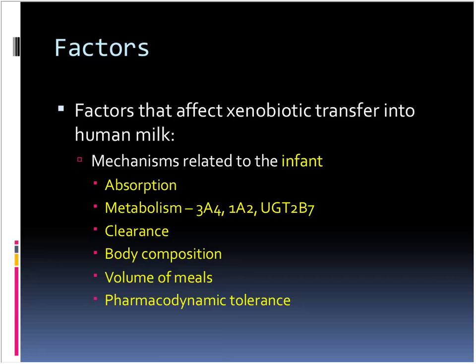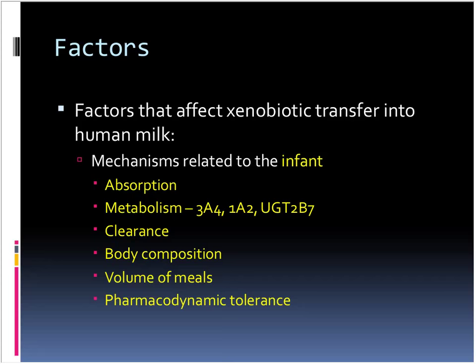The metabolism, hepatic metabolism: while things like 2D6 and 2E1 increase rapidly after birth, some enzymes, 3A4, 1A2, UGT, 2B7, have fairly reduced activity for several months, and it takes 3 to 6 months for those to get up to their sort of normal or adult metabolic rate.